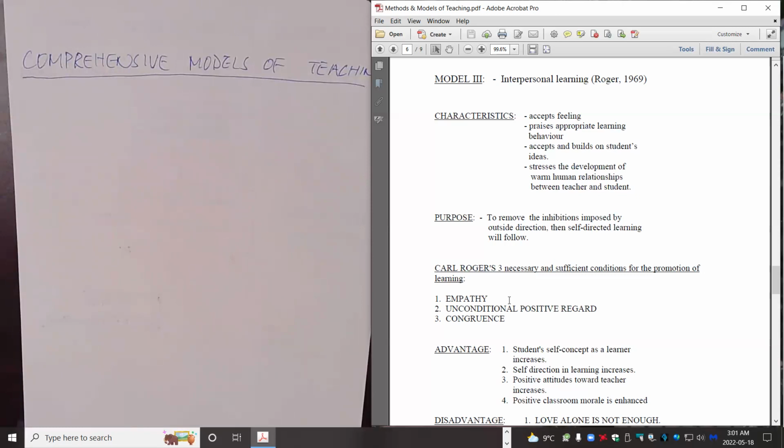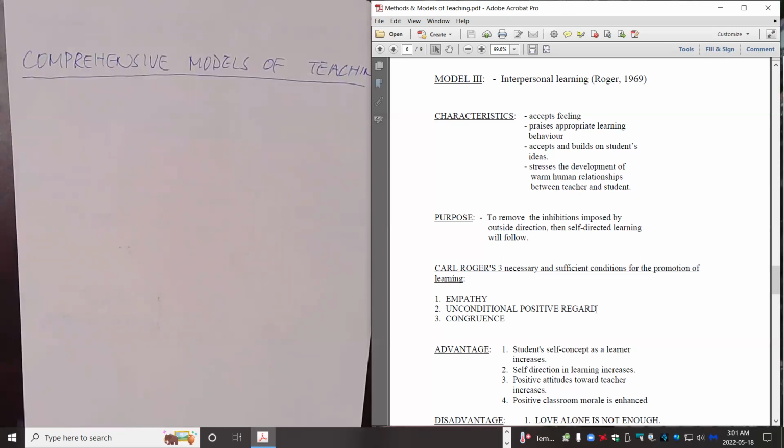So empathy here: teachers are sensitive enough to understand the emotions the students are experiencing. It's like Carl Rogers, who displayed empathy towards his patients.